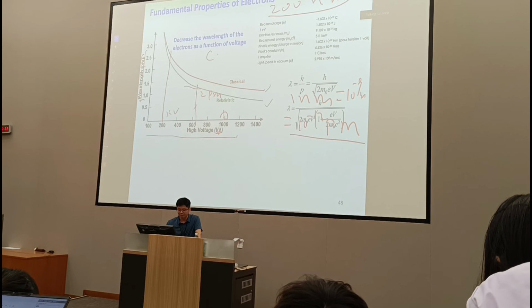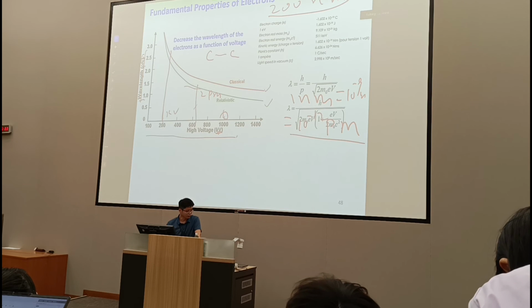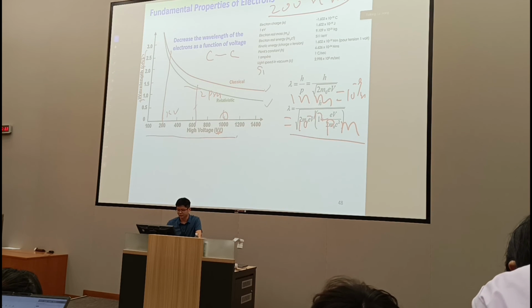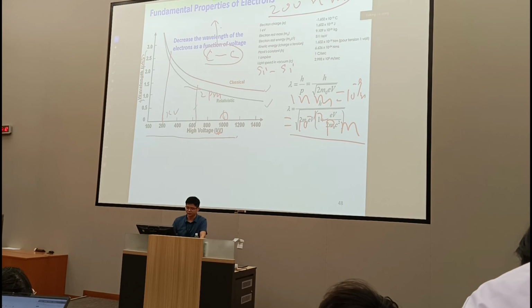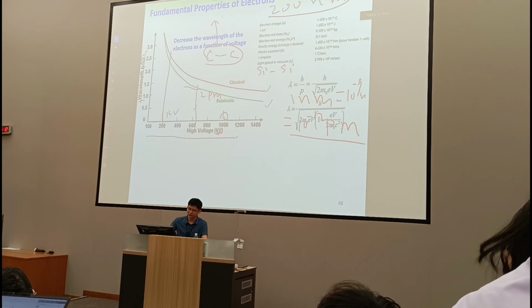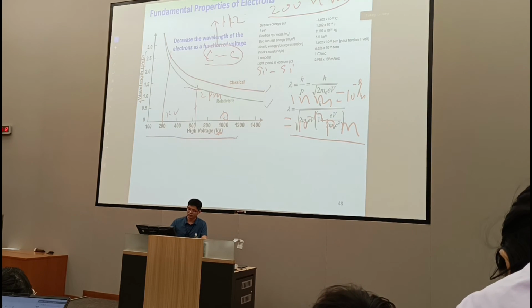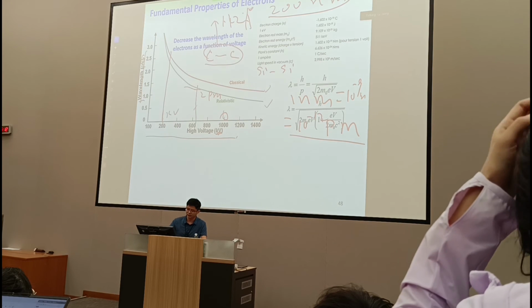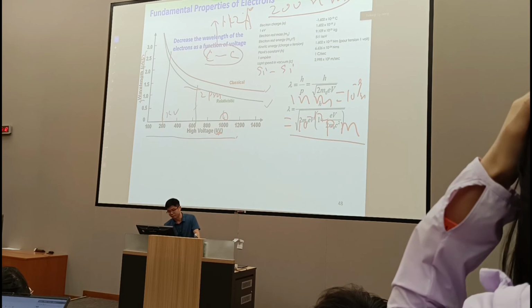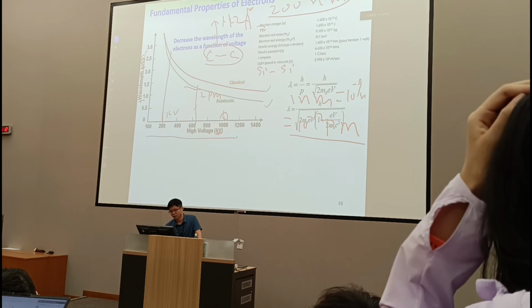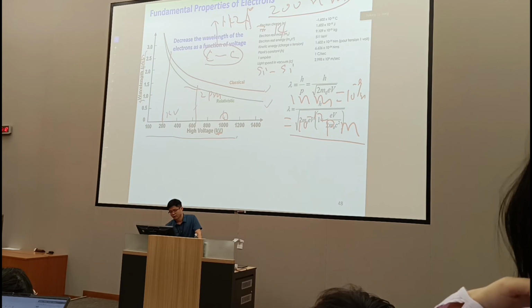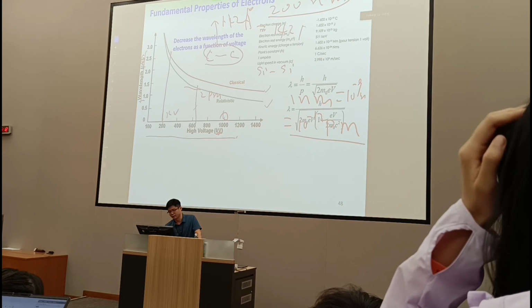But if you think about the bonding distance inside the molecules, the carbon distance in the benzene molecule is what? 1.42 angstrom, right? 1.42 angstrom equals 142 picometer.